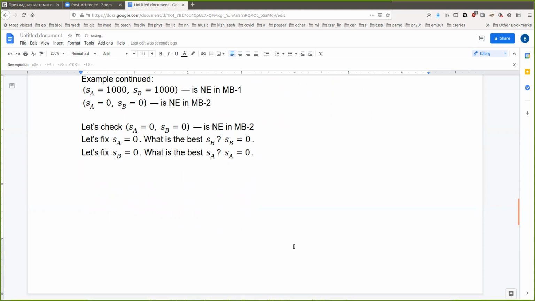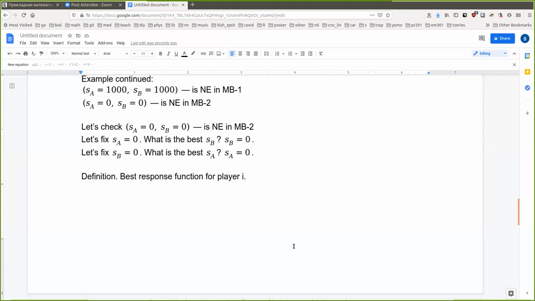Now let's consider some more terms. We will use the term best response. So let's provide a definition. Best response function for player I is a function that takes every possible combination of other players' strategies and gives player I a recommendation of what is better to play.